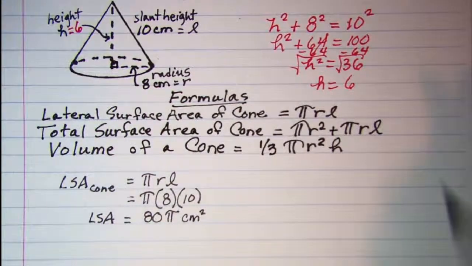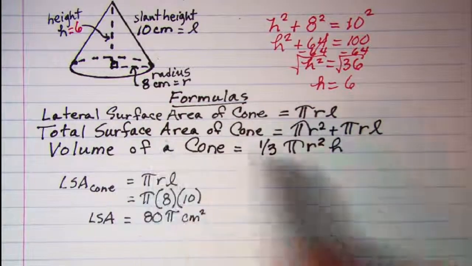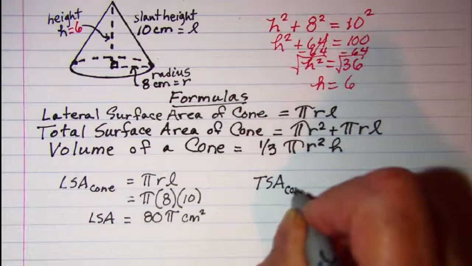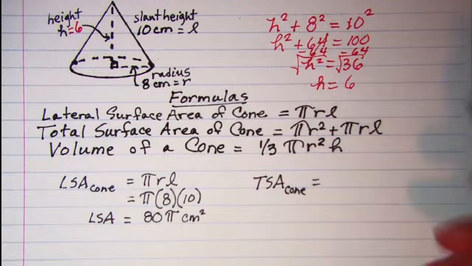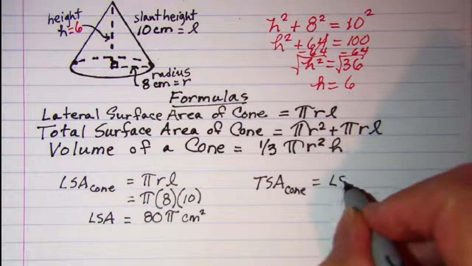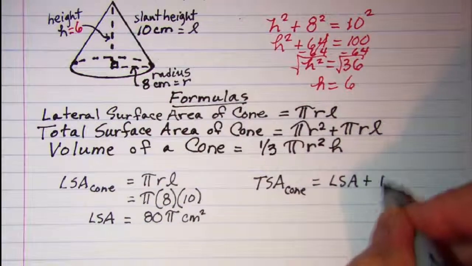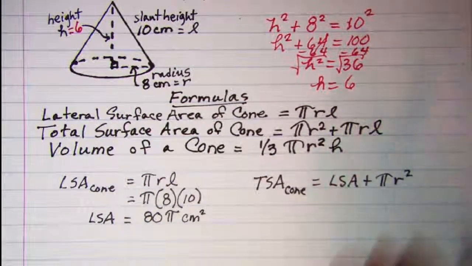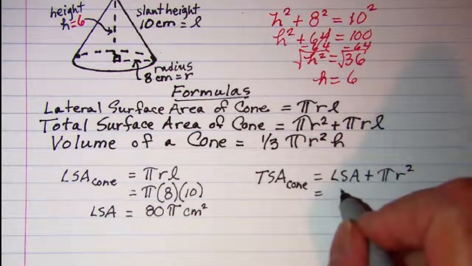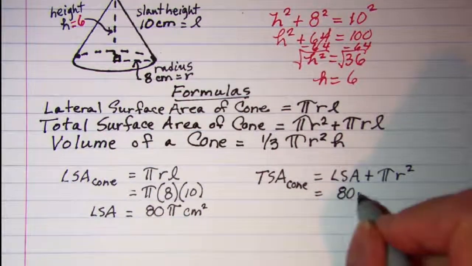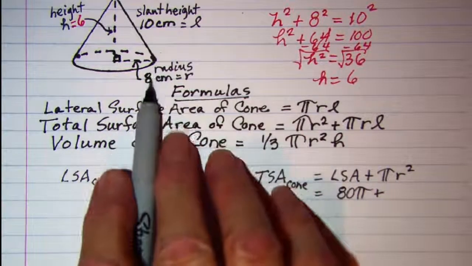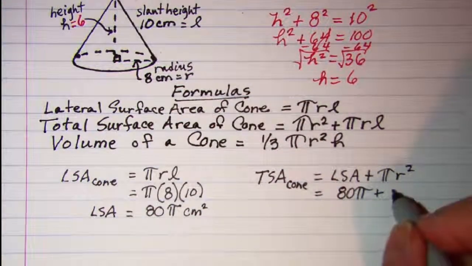Then my total surface area for the cone is my lateral surface area plus pi r squared. So lateral surface area was 80 pi, and then I'm going to add to that pi times 8 squared.